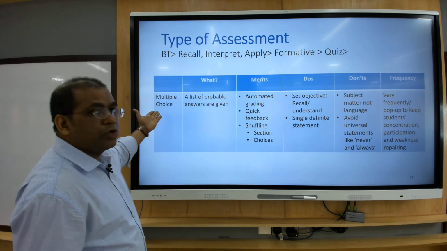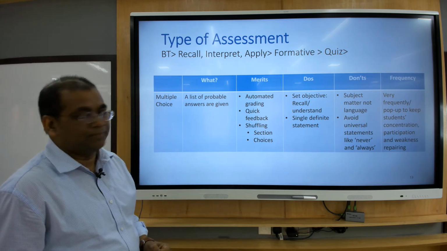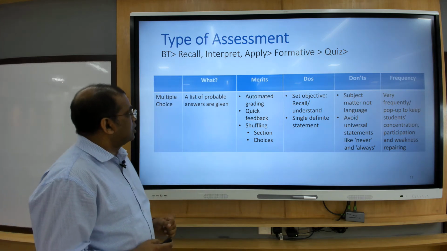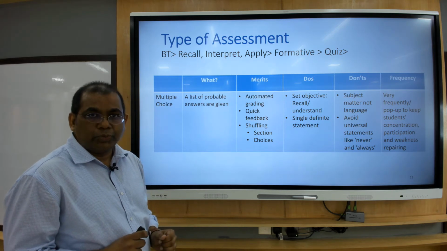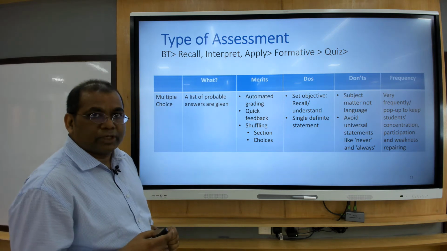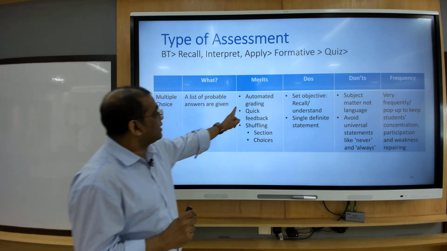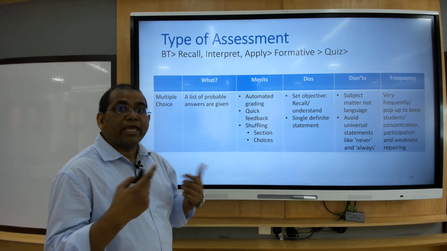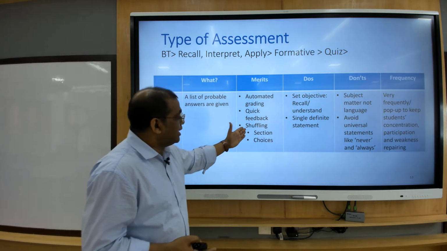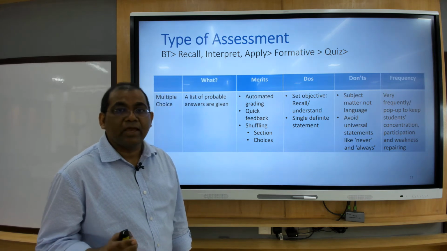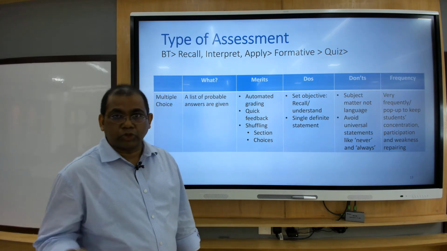First of all, you know about multiple choice questions. It gives choices. So under Google Classroom you will be able to take these multiple choices, and it will help you to grade automatically, quick feedback, and also it has the advantage of shuffling not only sections but also choices.